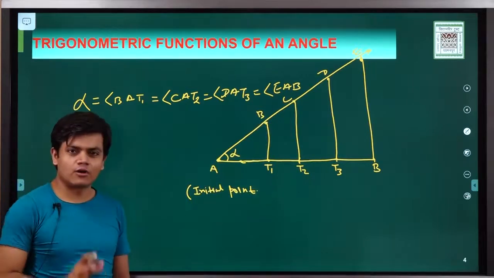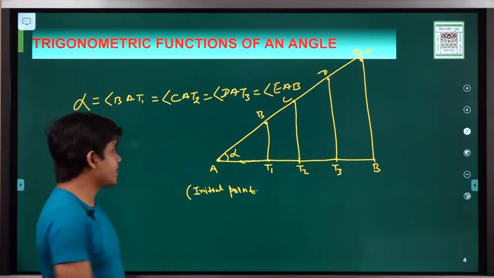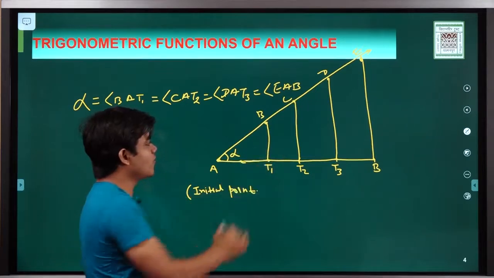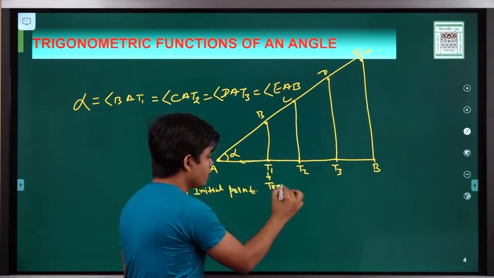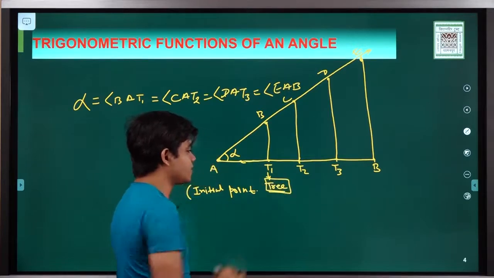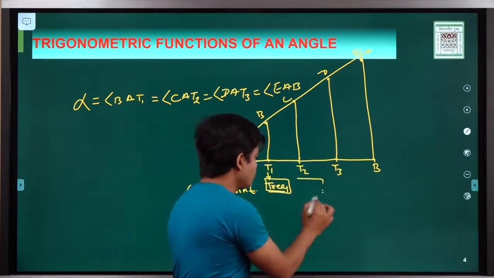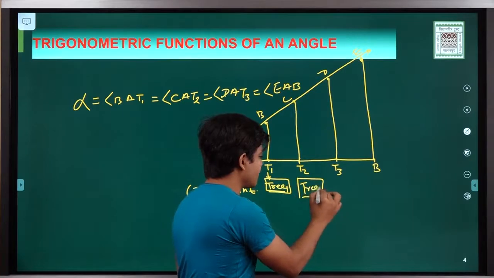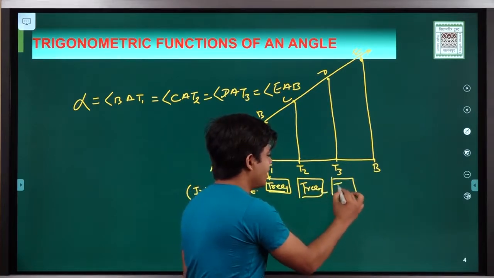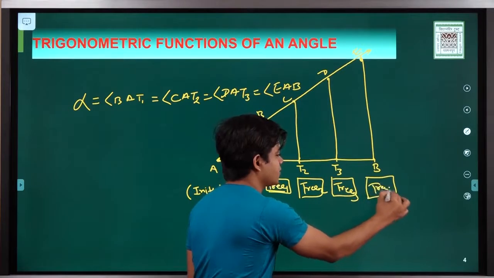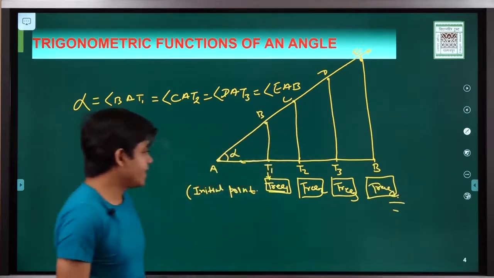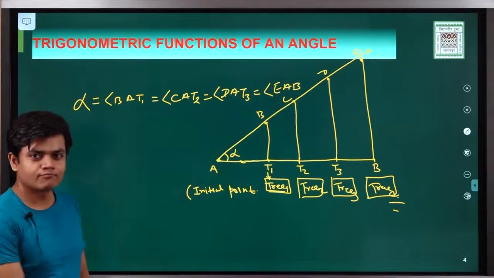Now think we have to find the length of T1B, which was tree 1. If you find the length of this tree 1, the second tree, the third tree, and the fourth tree, then you can easily get it.